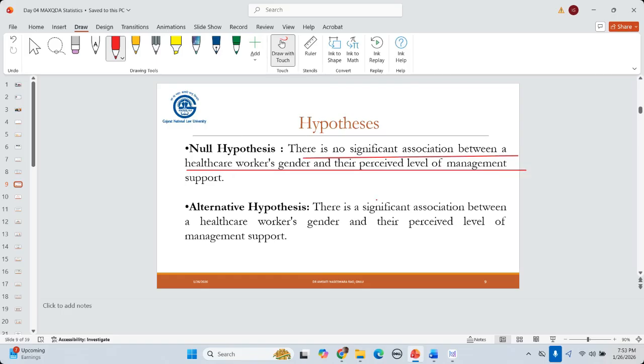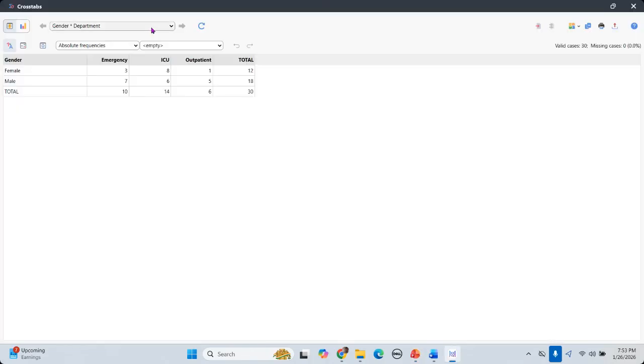Now here I can choose different variables. Either I can go with gender and perceived level of management support. There is another variable. Or I can choose gender and department level, like as per the current table that we have gone. Gender and department, we have already done with it. So if you want to go with the next level, there is an option called chi-square test. If you look at my screen, there is an option called association measures.